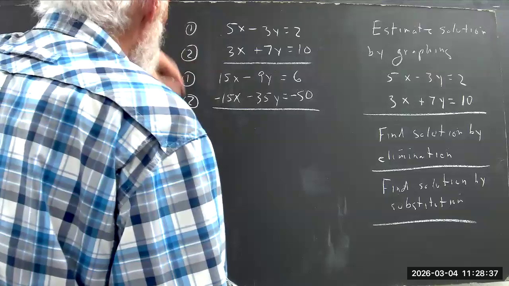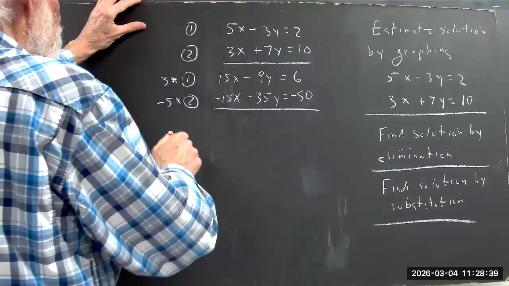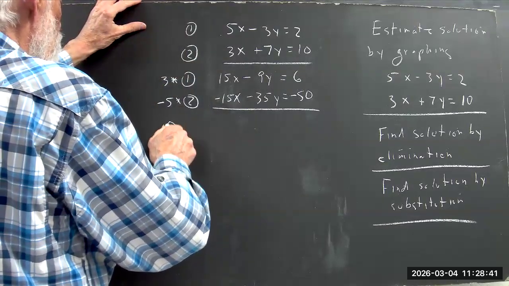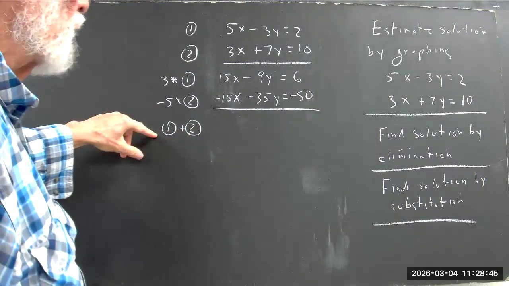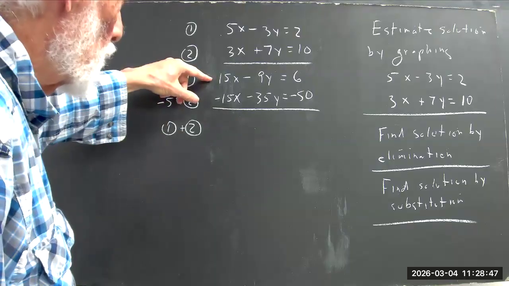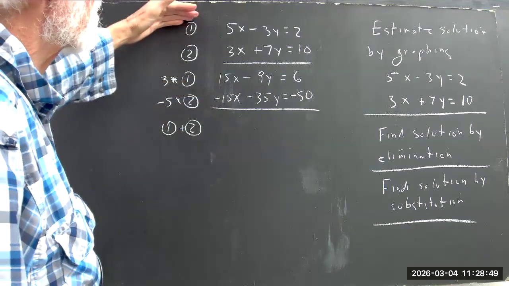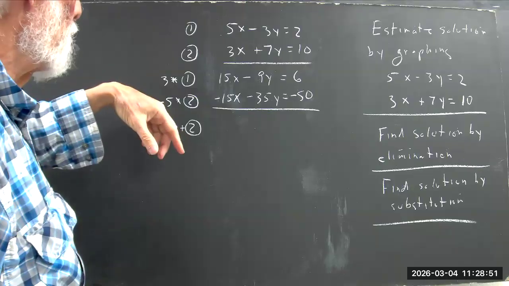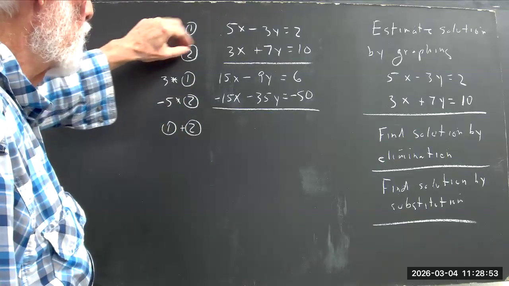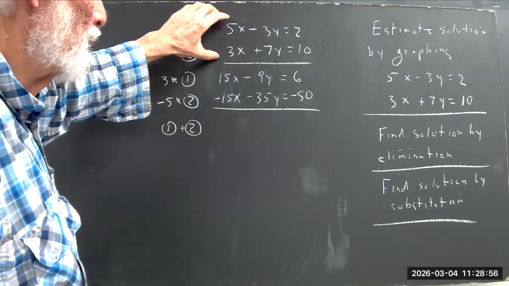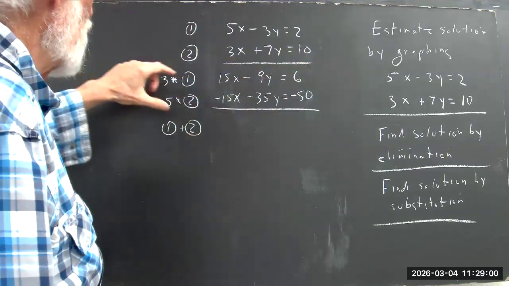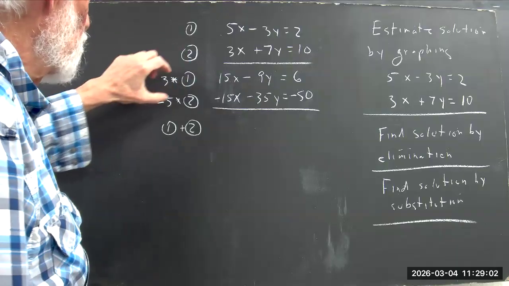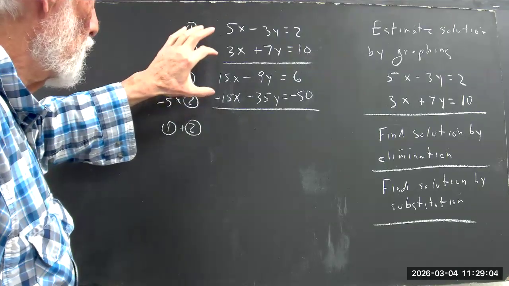In any case, now we add these. I'm going to indicate that by writing equation 1 plus equation 2, where equation 1 now refers to the first equation I wrote in the second step. I had equation 1 and equation 2, the original equations. I put a line under those, and then I wrote 3 times equation 1 and negative 5 times equation 2.